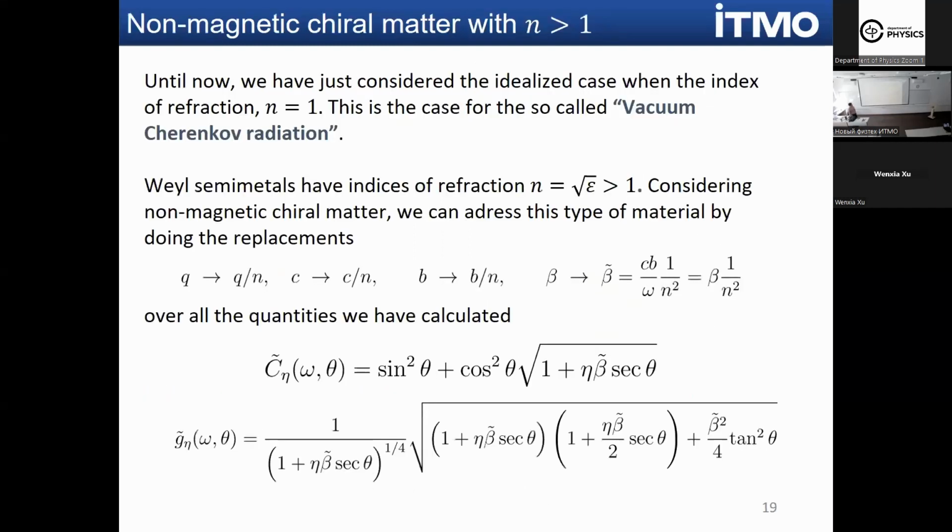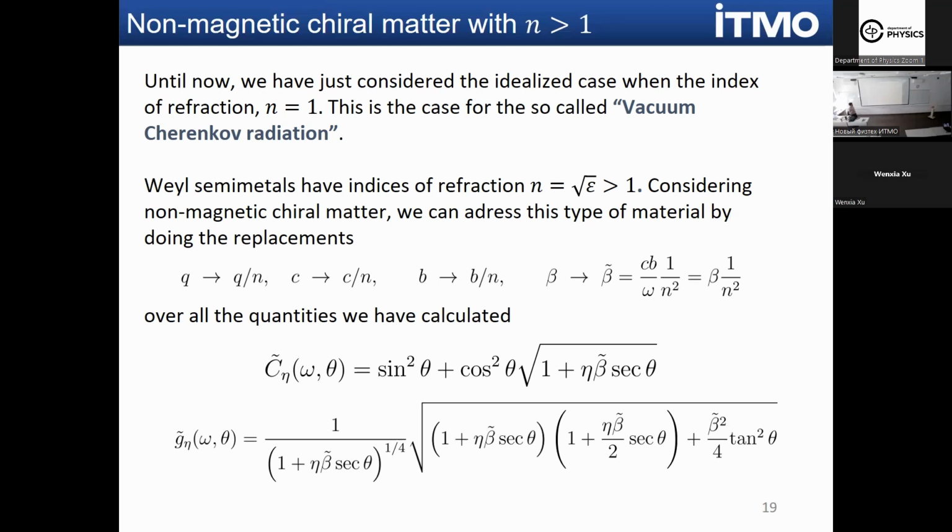We will do it. Like you might notice, we have considered the case where the index of refraction n is equal to 1. So if we calculate the Cherenkov radiation now, this will be the vacuum Cherenkov radiation I showed you earlier in previous studies. And semimetals and Carroll-Field matter do not have an index of refraction equal to 1. Actually, they are bigger than 1.